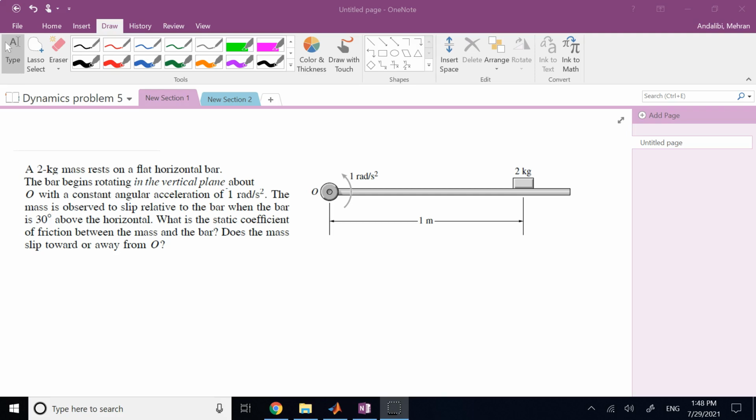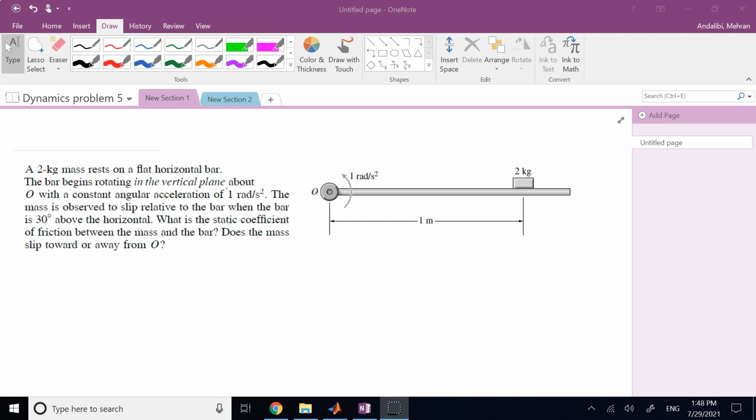So here we have this bar which is rotating in the vertical plane, and it starts rotating with a constant alpha of 1 radians per second squared from rest, where the angle is 0 degrees, and there is a mass of 2 kilograms on it at a radial distance of 1 meter from the origin, which can stay at 1 meter from origin as the angle is increasing from 0 degrees until it goes to 30 degrees.